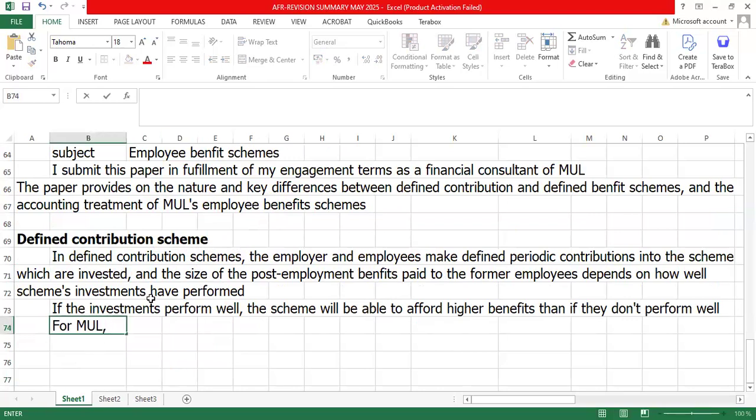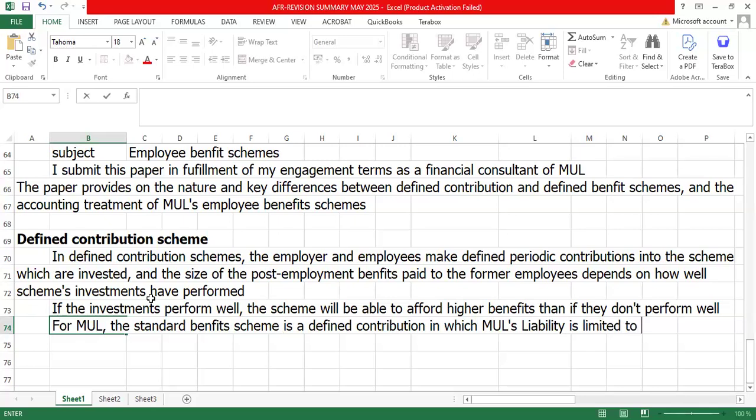From our explanation, it means that for Moore, the employee benefits scheme is a defined contribution scheme in which Moore's liability is limited to only the monthly contributions to the scheme.